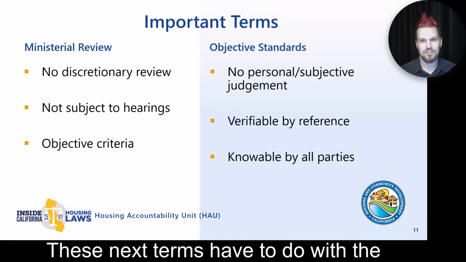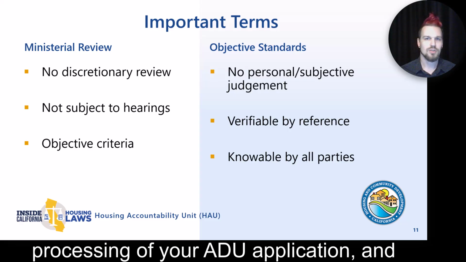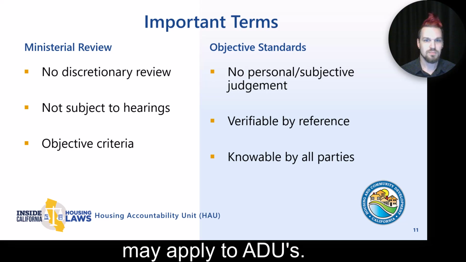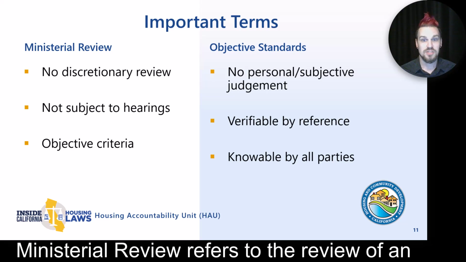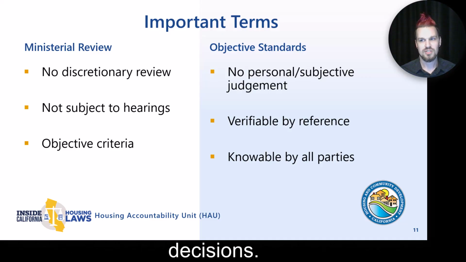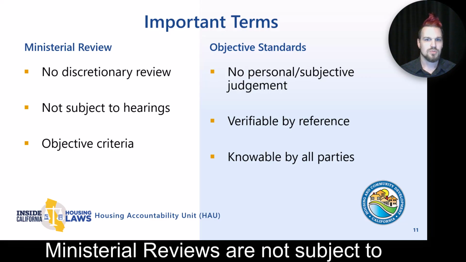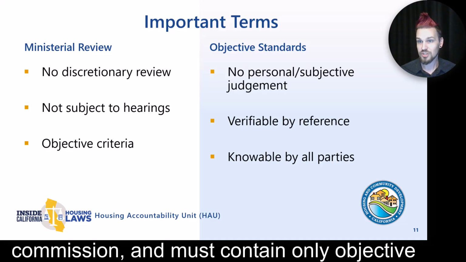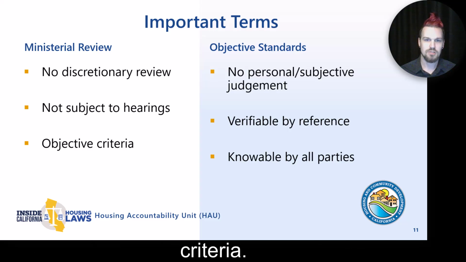These next terms have to do with the processing of your ADU application and what a local agency or permitting agency may apply to ADUs. Ministerial review refers to the review of an application which involves no discretionary decisions. Ministerial reviews are not subject to hearings, such as from local planning commission, and must contain only objective criteria.